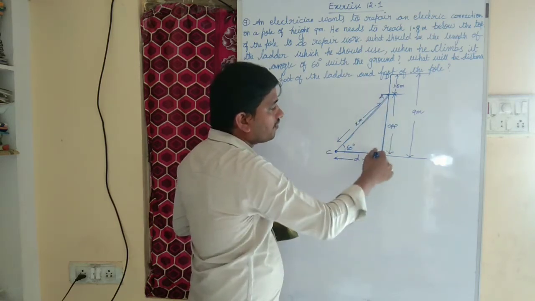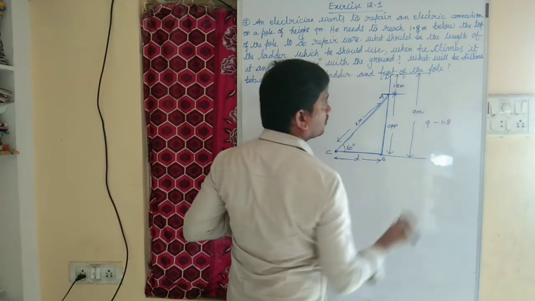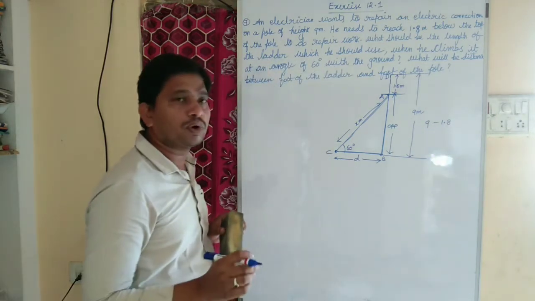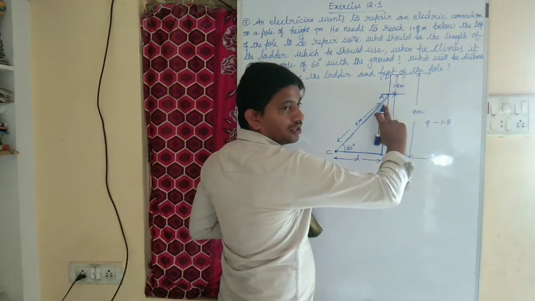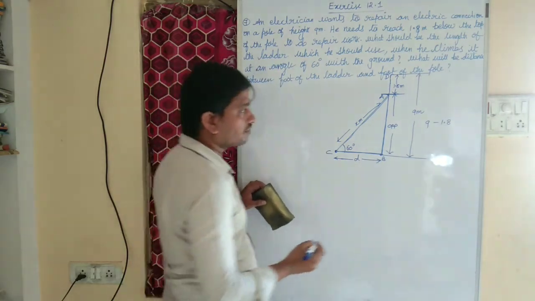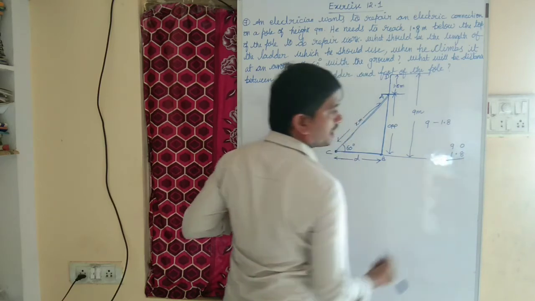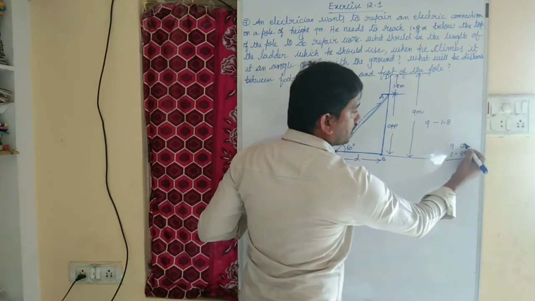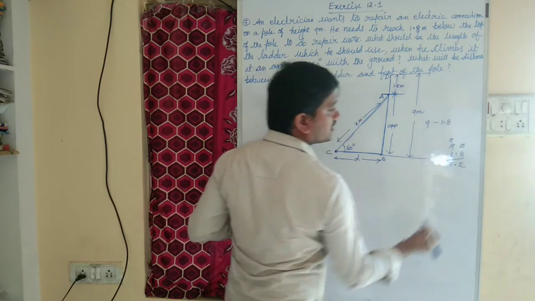So what will be the length of AB? From 9, if you subtract 1.8, you will get the height AB. So from 9 we have to subtract 1.8. That is 10 minus 8, 2, and this will be 8. 8 minus 1, 7.